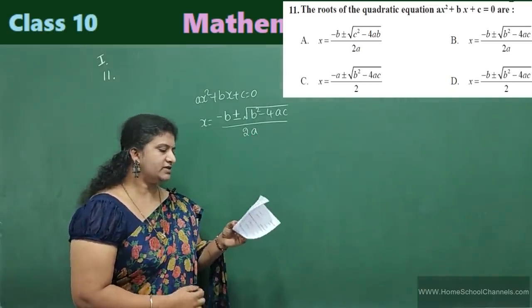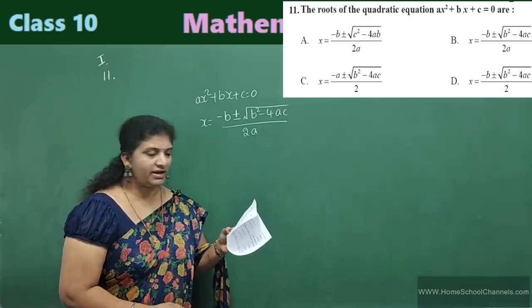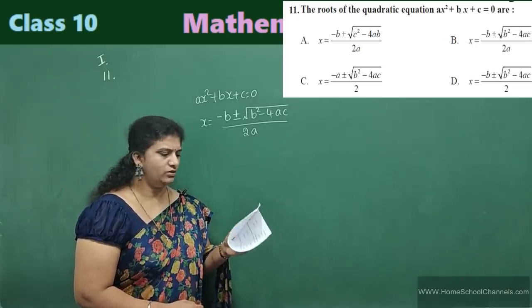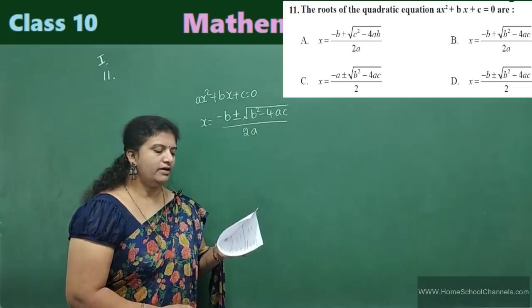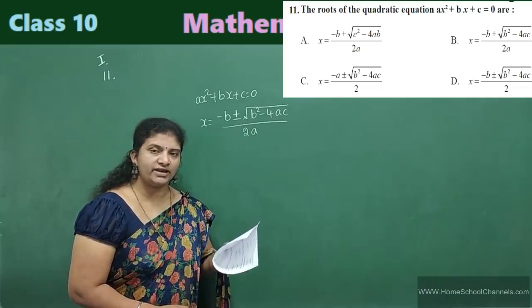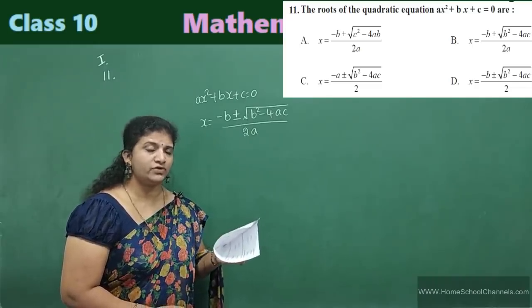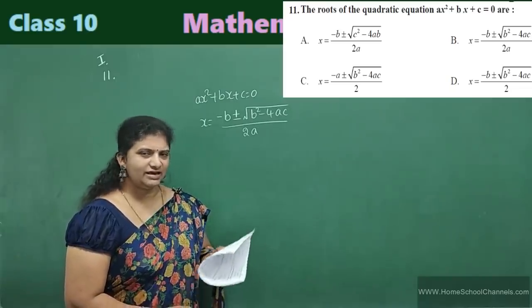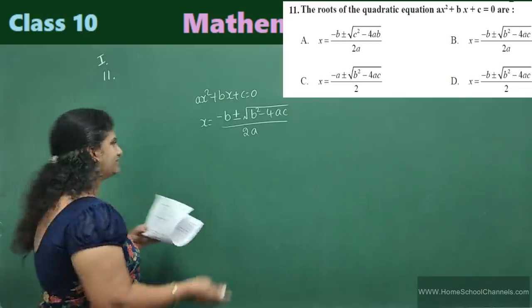Check the options for this. Square root of c square minus 4ab. Option A, is it right? No. Option B, x is equal to minus b plus or minus square root of b square minus 4ac by 2a. Is this the right option? Yes.